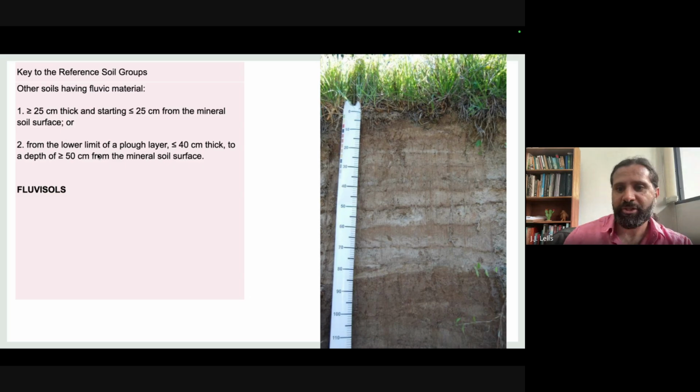And the fluvic material you can easily see here are those layers with very different colors and textures, and they have these dominant horizontal boundaries with differences of material that came or could be connected to fluvial deposits.